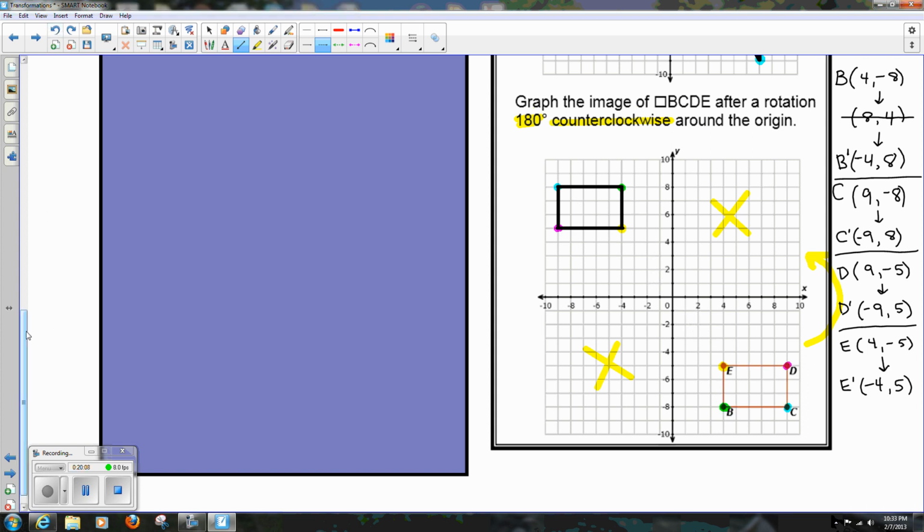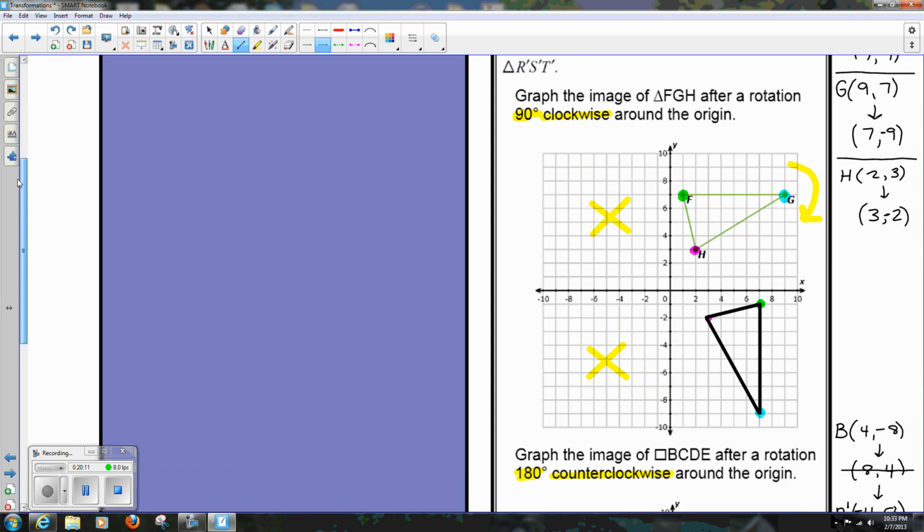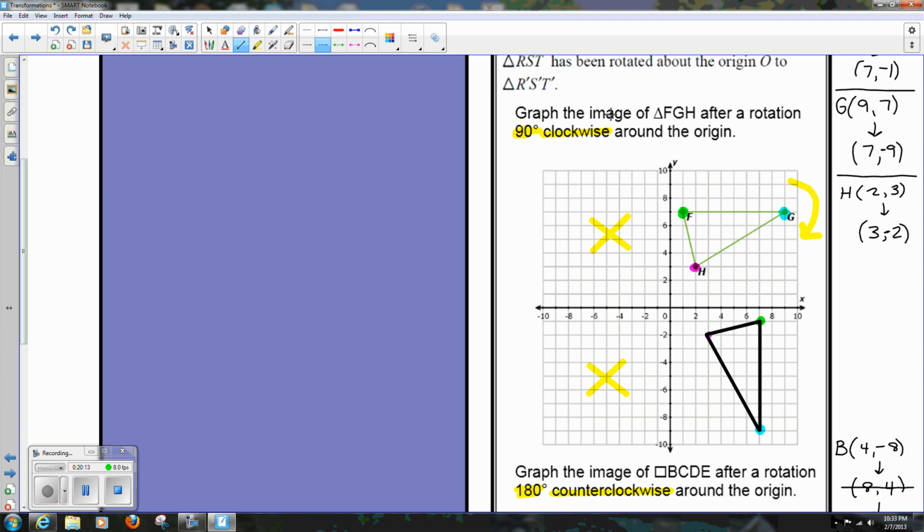If we go back up to this example, if we take F, we draw a line from F to the origin. Let me change so I don't have an arrow on there.